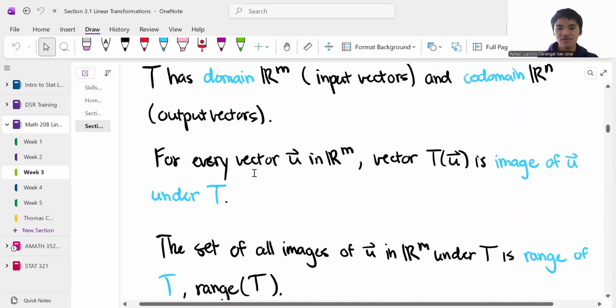Then for every vector u in Rm, the vector T of u, because we're transforming it, is just going to give us another vector at the end of the day.